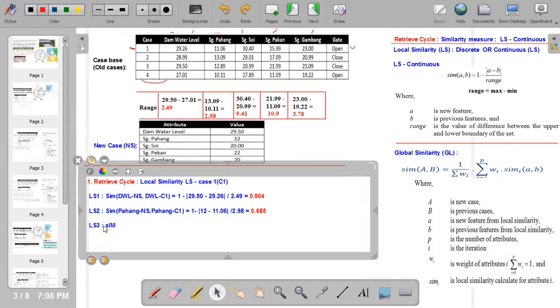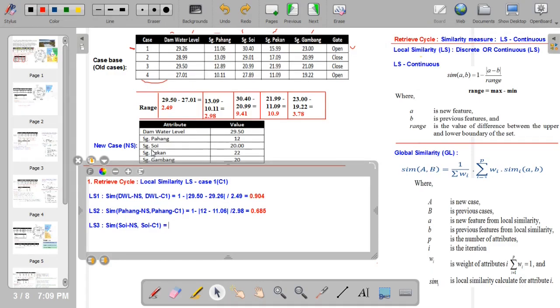So it will be the similarity between the third attribute value, which is Soy. The Soy attribute value of the new case and the Soy attribute value of case 1, right? Case 1. So it should be a capital S here. Okay.